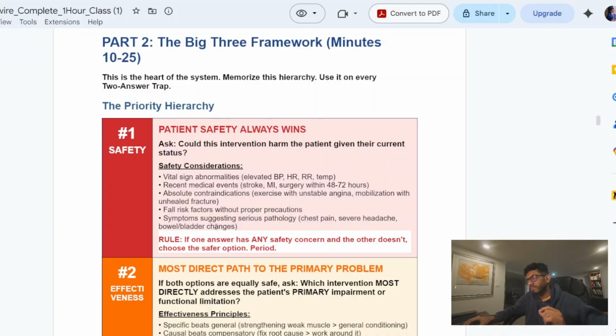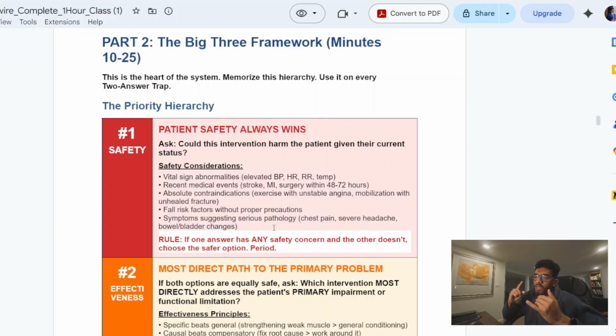There are also symptoms suggesting serious pathologies like chest pain, severe headache, or bowel and bladder changes. If these red flags are there, or changes in vital signs that affect life itself, or absolute contraindications, you need to understand that safety is the highest priority, and you need to choose the safest option.